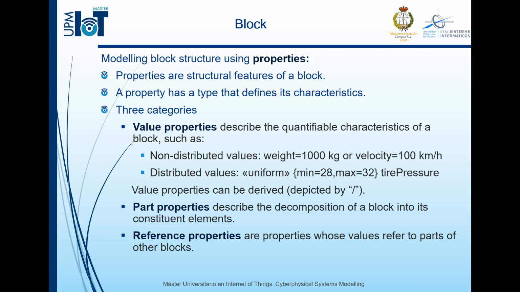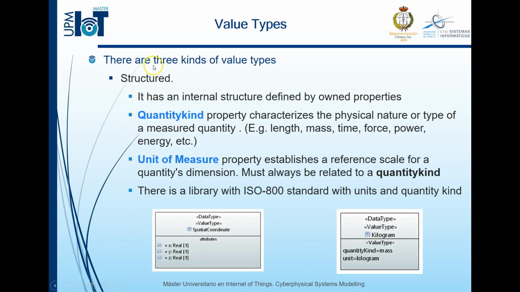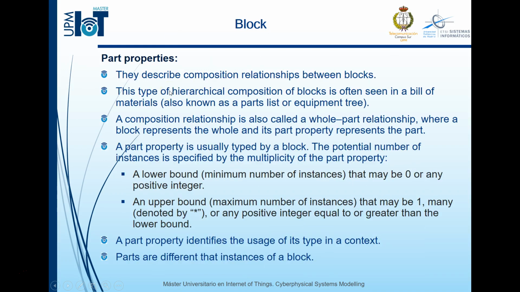So if we remove one, the referenced blocks will not be removed. For value types, we mentioned the three types: structure, private, and enumerated. And part properties reflect this composition between different blocks.